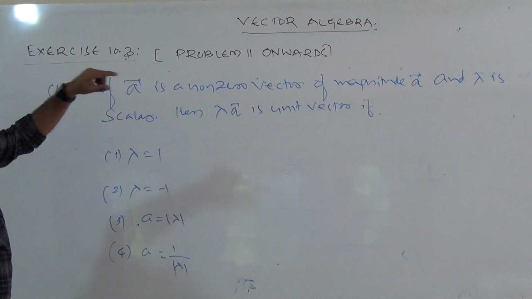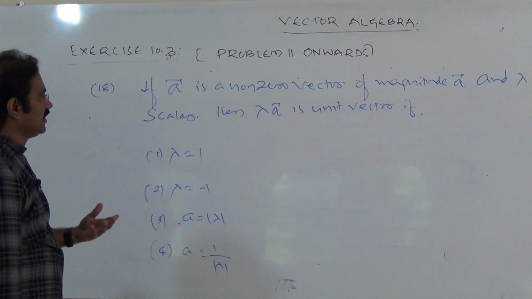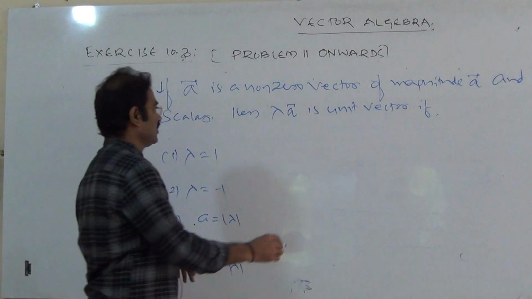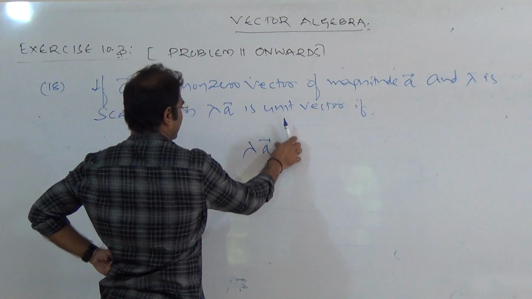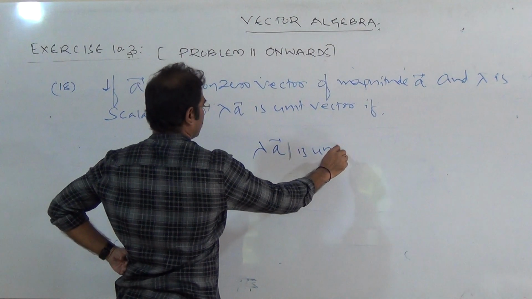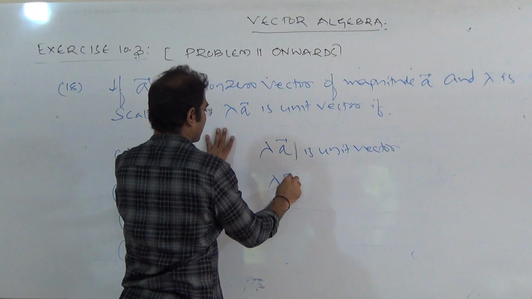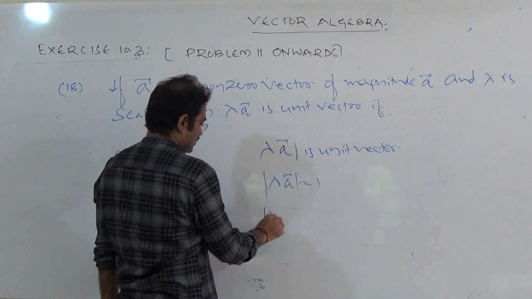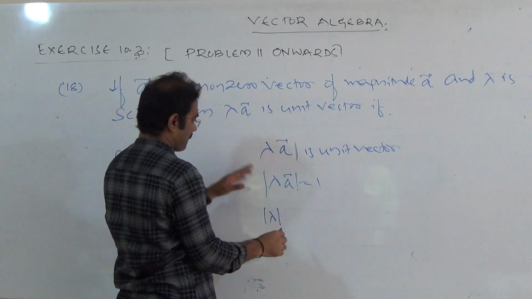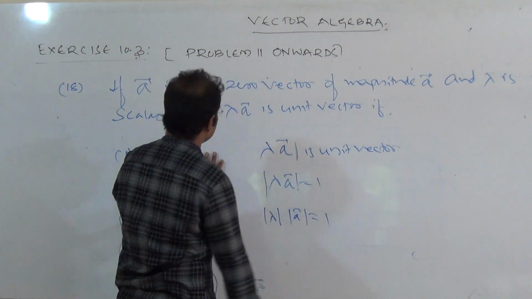A is a non-zero vector of magnitude A and lambda is the scalar, then lambda A is a unit vector if. It means that lambda A is a unit vector. What is the condition? What is a unit vector? Magnitude is equal to how much? 1. So magnitude of lambda A is equal to 1.